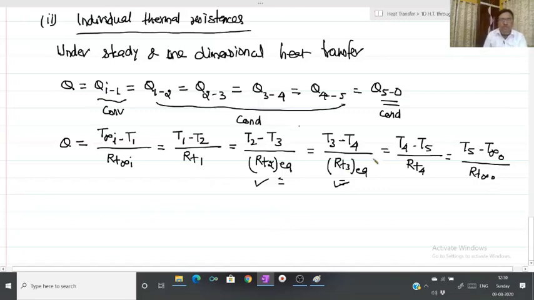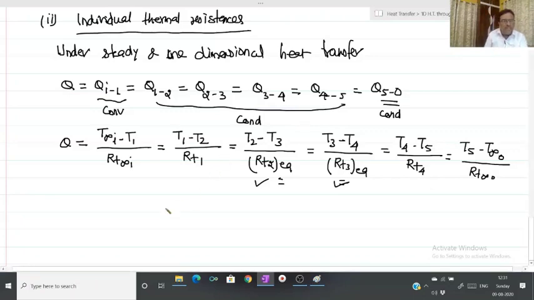So please follow this approach while writing equations for rate of heat transfer from a wall made up of 2, 3 or 4 different materials.